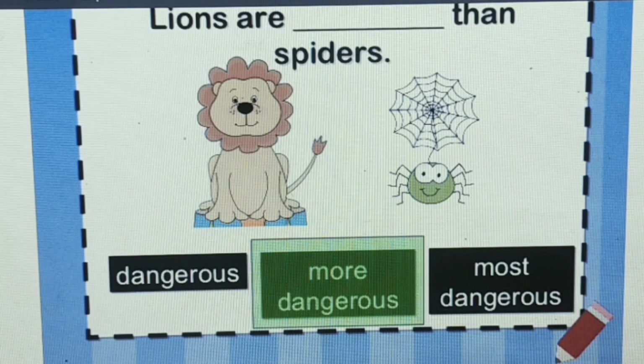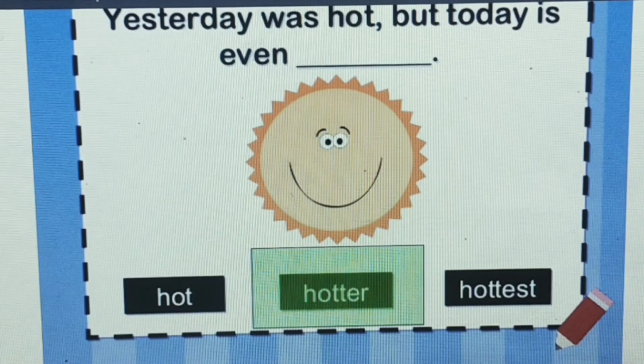Lions are dash than spiders. Dangerous, more dangerous, most dangerous. So comparison between lions and spiders. Answer is more dangerous. Yesterday was hot, but today is even dash. Yesterday and today comparison.